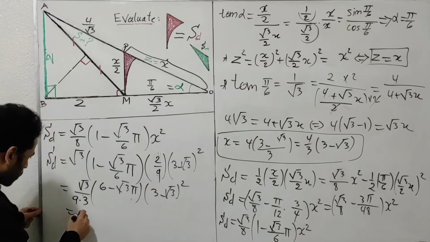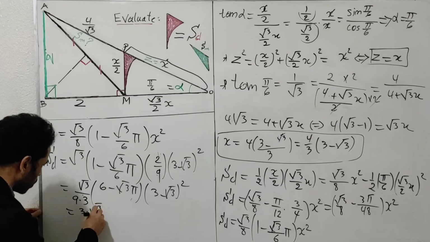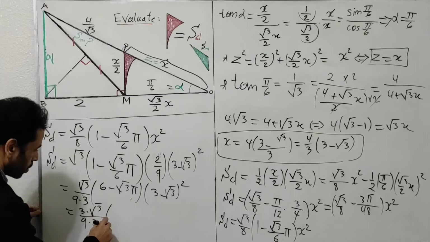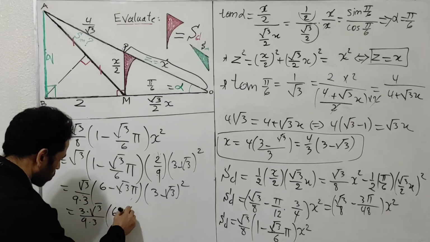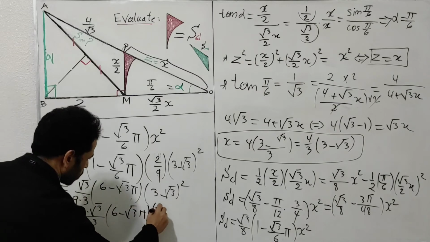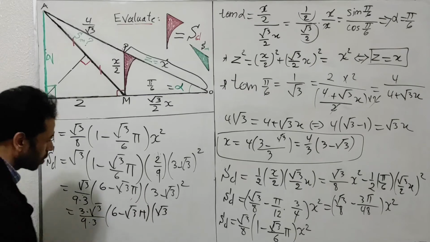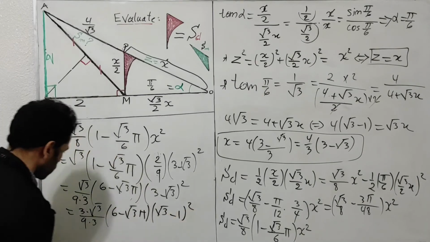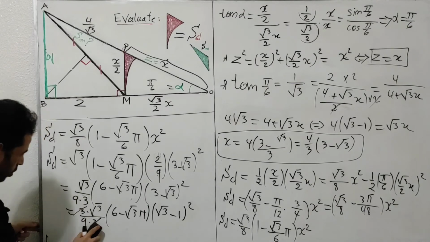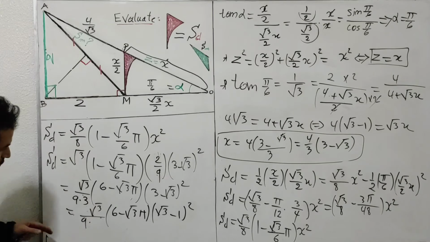So it will become 3 multiplied by square root of 3 divided by 9 multiplied by 3. This one becomes 6 minus square root of 3 pi. Here it becomes square root of 3, because we already multiplied this one by square root of 3 minus 1 quantity squared. This 3 will be cancelled out with this 3. So the shaded area of this one becomes square root of 3 over 9.